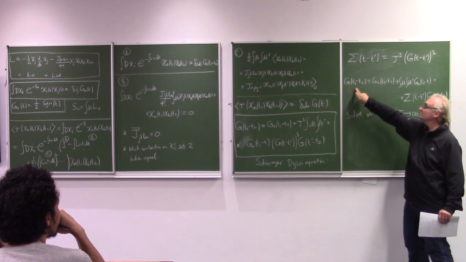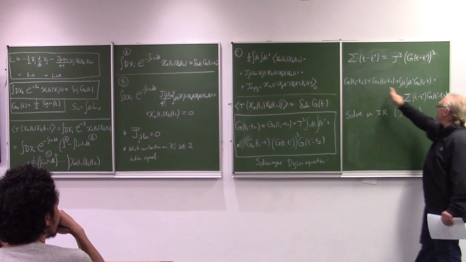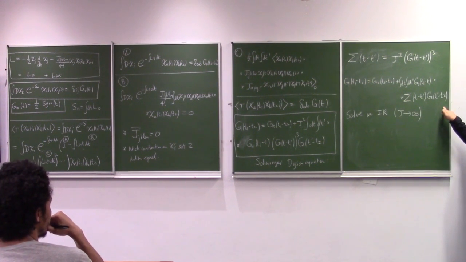G is getting small, there's G naught, some fixed size, plus that same size.